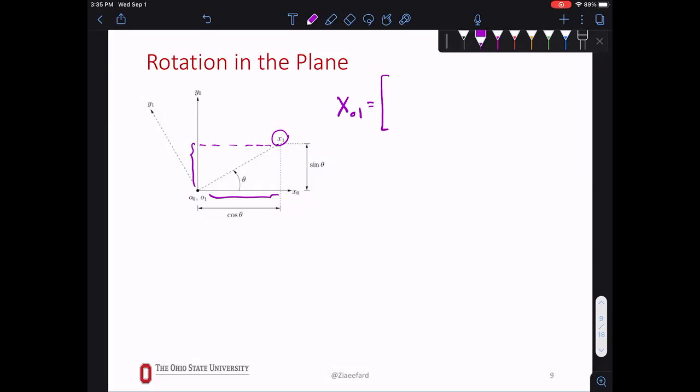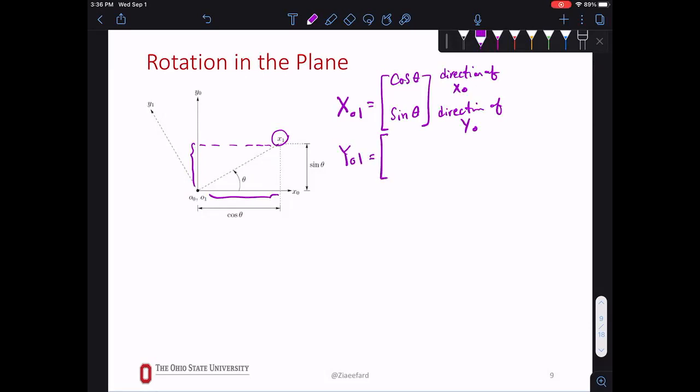So in the x0 direction, we have cosine of theta. In the y0 direction, remember, it's 1 times cosine of theta because these are unit vectors. So this is the direction of x0, and this is the direction of y0. Now, how about y0 and 1?